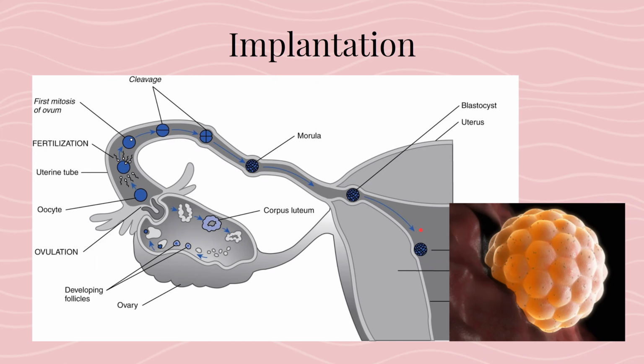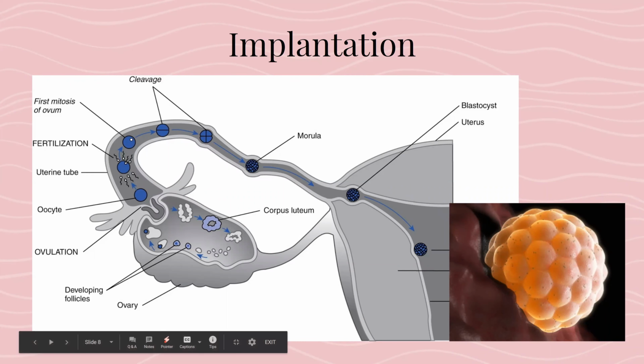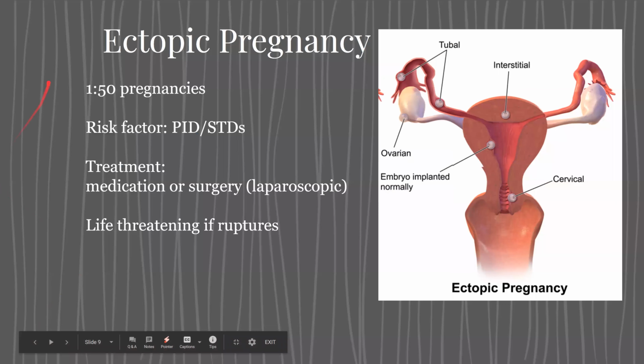Now, something can go wrong during this period too, which is an ectopic pregnancy. Say the sperm were just quick swimmers and fertilize the egg too early, then it can actually get implanted in the fallopian tube. And that can be a life-threatening situation, especially if it ruptures.